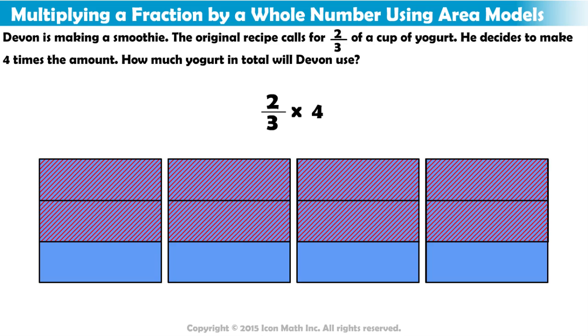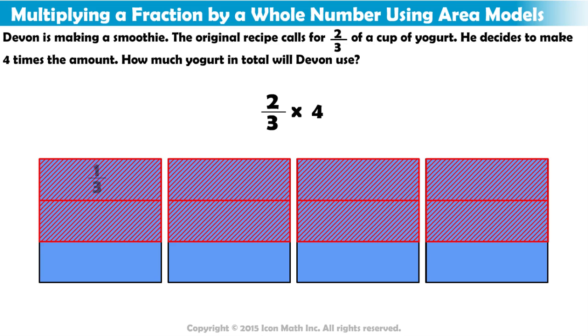Just as when using area models to show the product of 2 proper fractions, the portion of the model where our shading overlaps represents our product. In this case, the area which is shaded with blue and red.